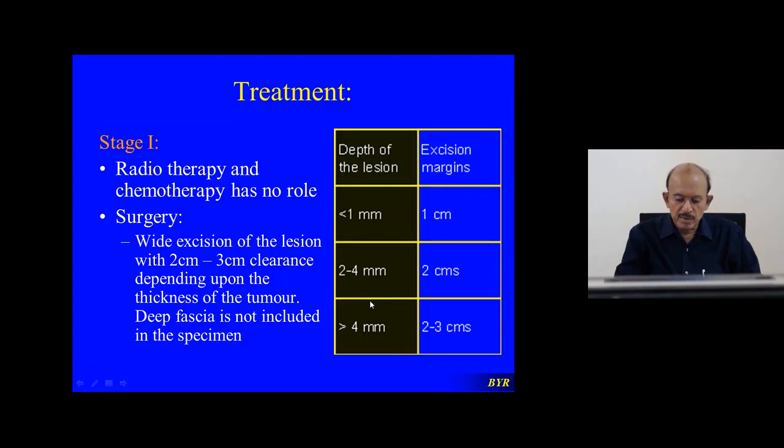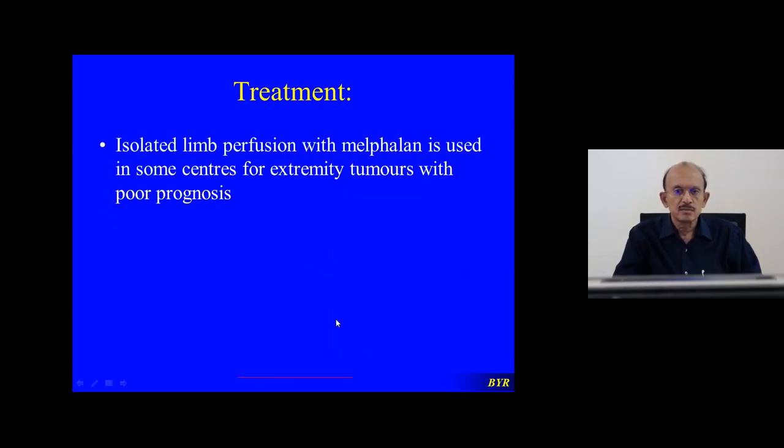So depending upon the thickness of the lesion, you go for 1 centimeter to 3 centimeters margin. And the area is repaired by grafting. Isolated limb perfusion with melphalan is used in some centers for extremity tumors with poor prognosis.